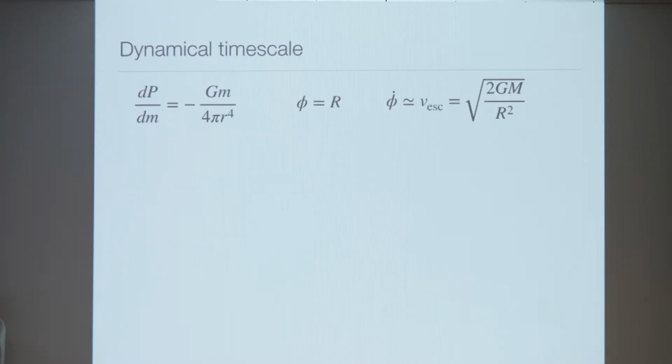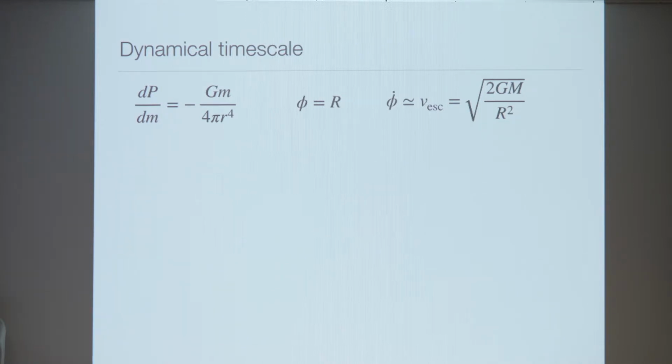So the first one is from the equation of motion. From this equation, you can think about the dynamical time scale. The quantity which is basically determined by the equation of motion is the radius. So let's say this is the radius of a star.